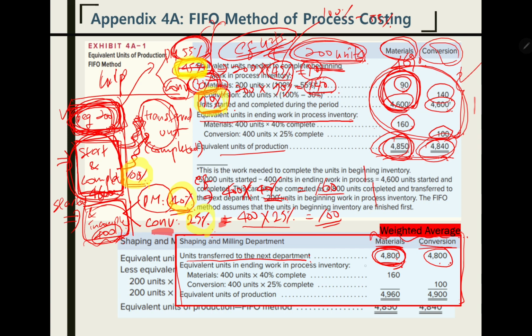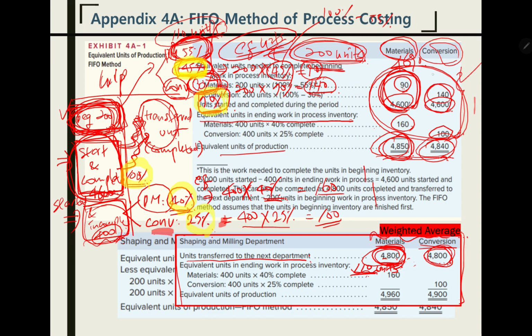So there is the difference of 110 units, right? Why? Because this 55%, 110 units, it is not included as an equivalent unit under the FIFO method. However, under the weighted average method, they are all included in the equivalent unit calculation.